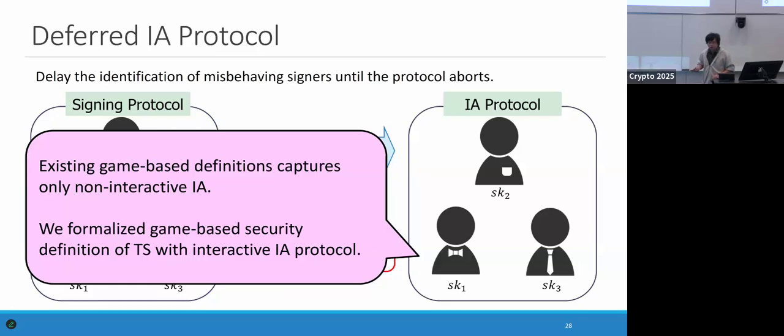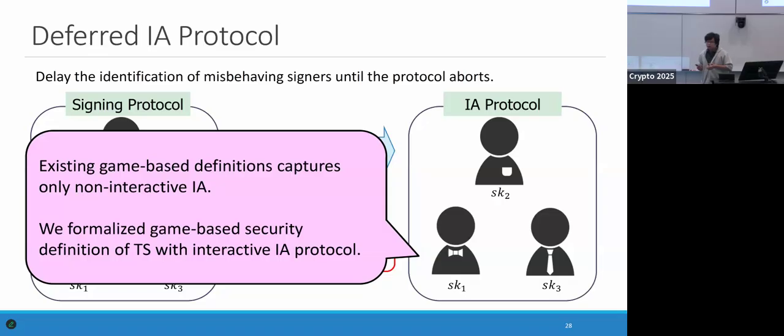For definitions, there are some game-based definitions of threshold signature with IA protocol. However, existing definitions capture only non-interactive IA protocols, because most classical secure threshold signature schemes achieve a special type of IA protocol, so-called partial verification.